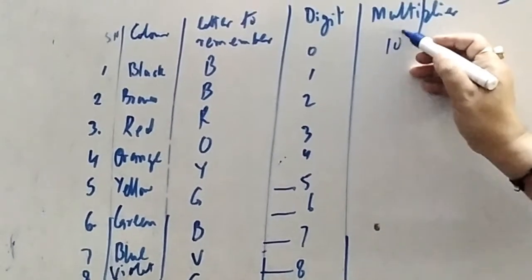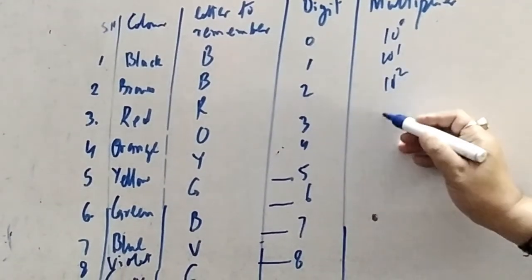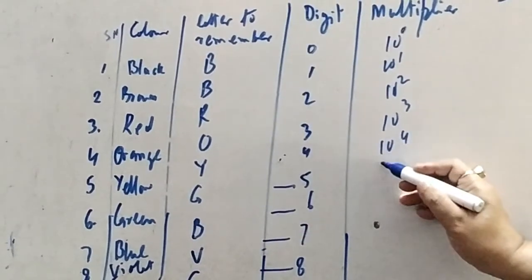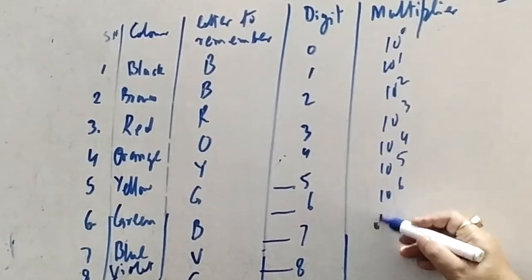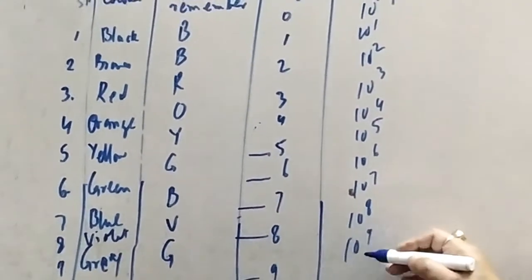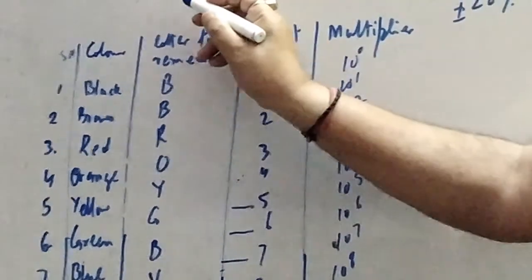And the multiplier powers are 10 to the power 0, 10 to the power 1, up to 10 to the power 9. Okay, these are the table for color coding.